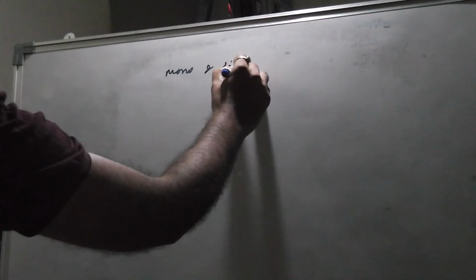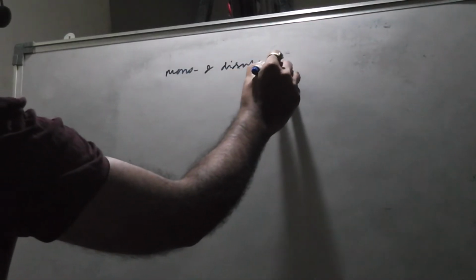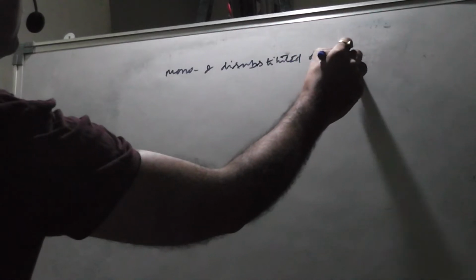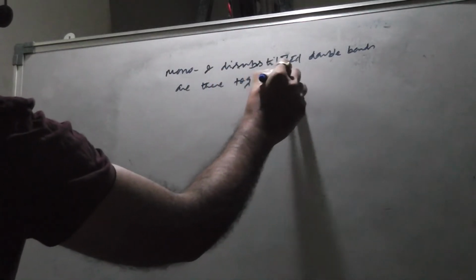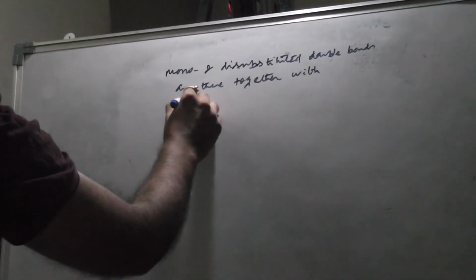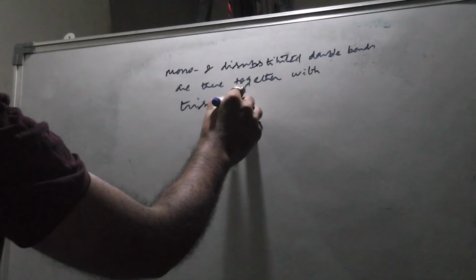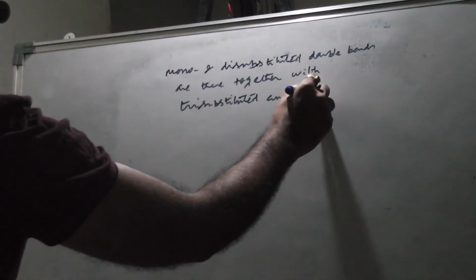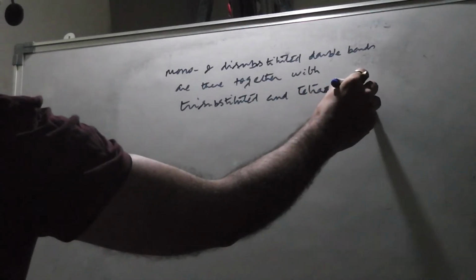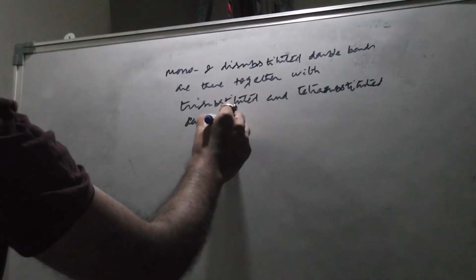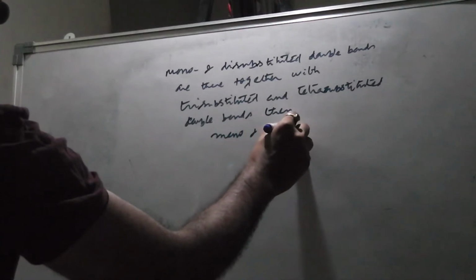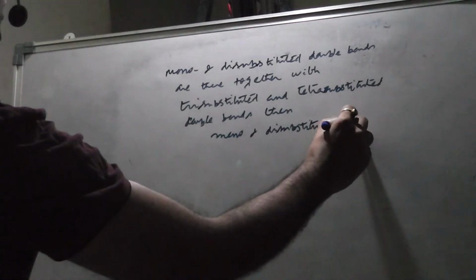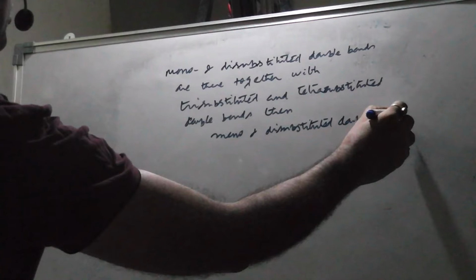Suppose mono- and disubstituted double bonds are there together with tri-substituted and tetra-substituted double bonds, then the mono- and disubstituted double bonds will be reduced.